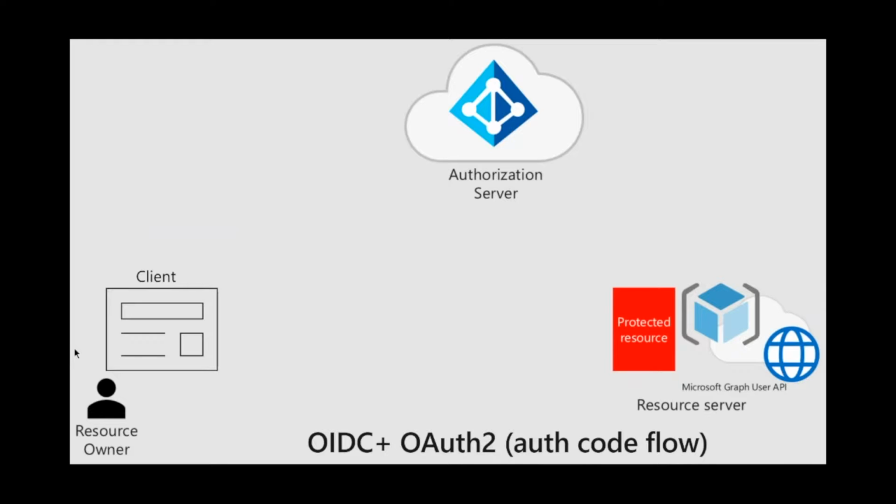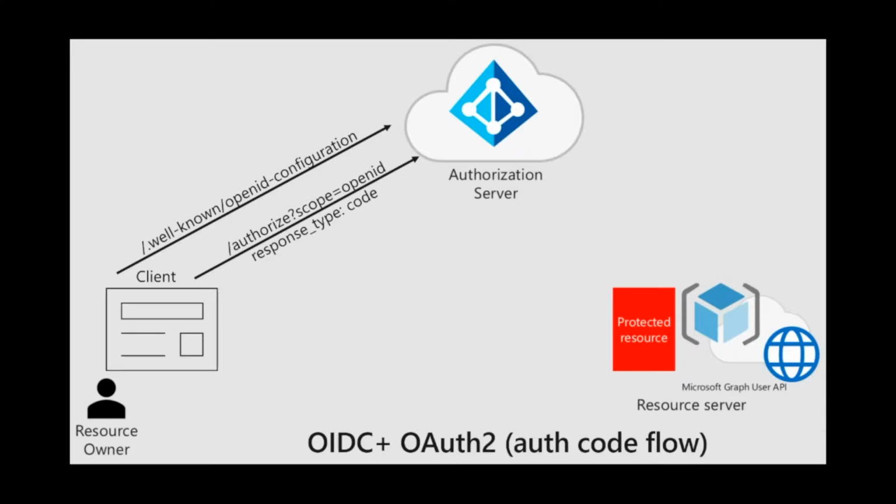So let's take a look at a high-level example of OpenID Connect with the authorization code flow of the OAuth 2 protocol. The resource owner or user signs into an application on the client. The client goes to the well-known OpenID configuration endpoint on the authorization server and gets back a metadata JSON document about the authorization server.